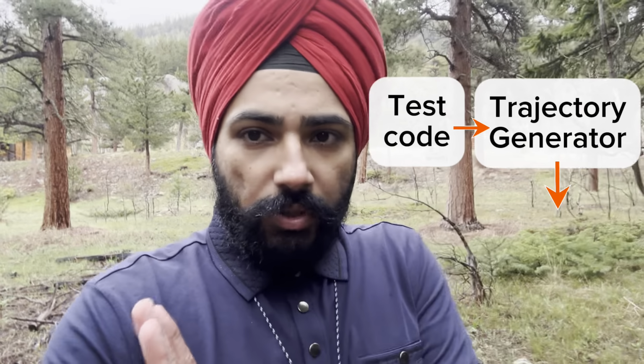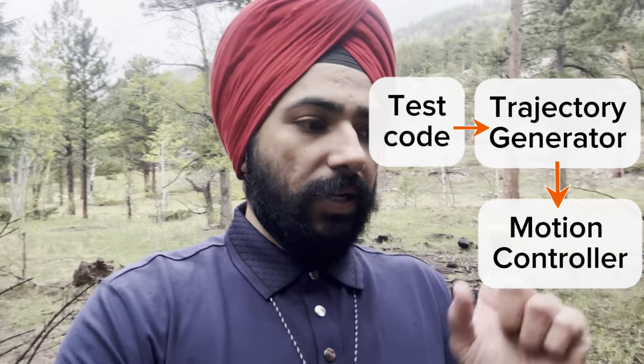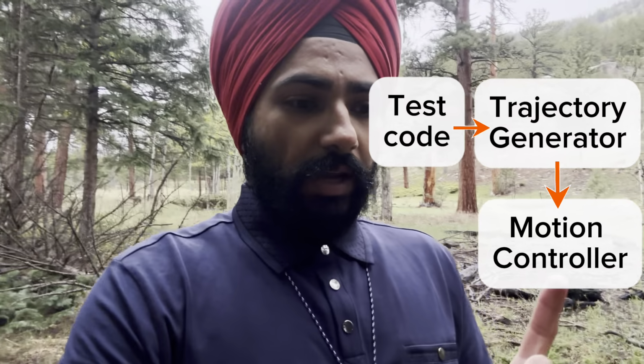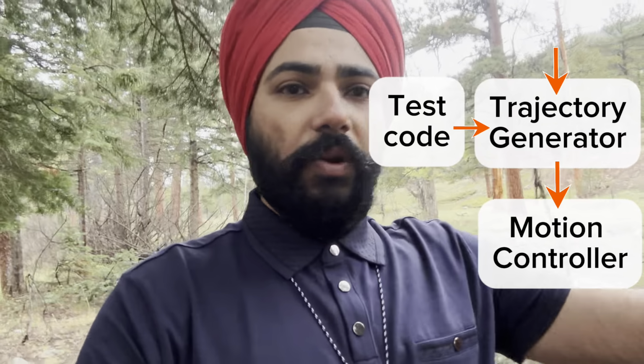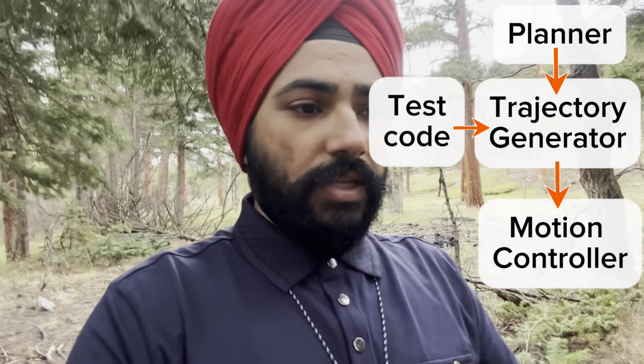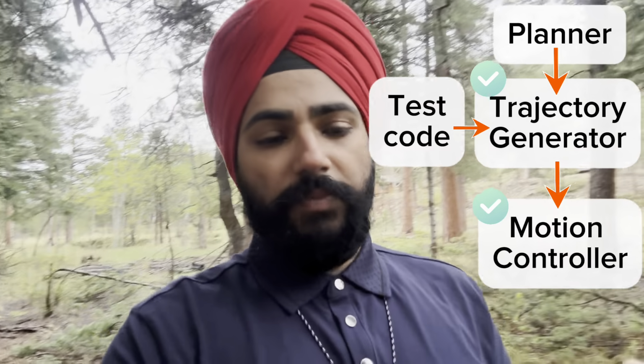First of all, in my C++ code, I would write a piece of code that is just going to test my particular trajectory generator, and I would integrate it with a motion controller just to make sure that the motion works as expected. I'm not yet worried about receiving commands from different targets and from different planners. I'm just concerned about making the two different modules integrated and working as expected.